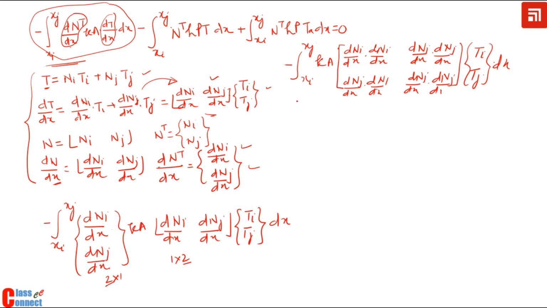So this complete expression is known as the stiffness matrix. So this is K, and we can write it as xi to xj kA, and these form, that is dNi dx, dNj dx and so on, multiplied by Ti Tj into dx.